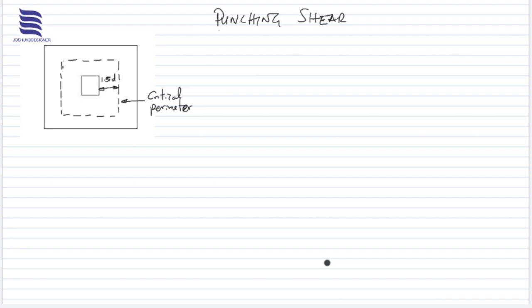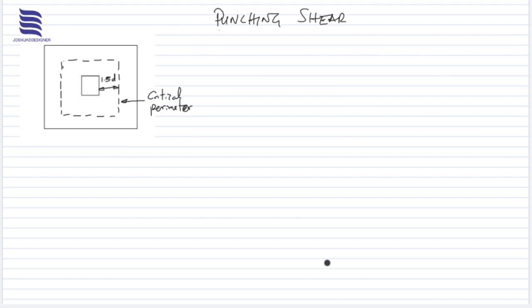We know that the punching effect would take place at 1.5 multiplied by the depth away from the column face, as illustrated just here on your screen.